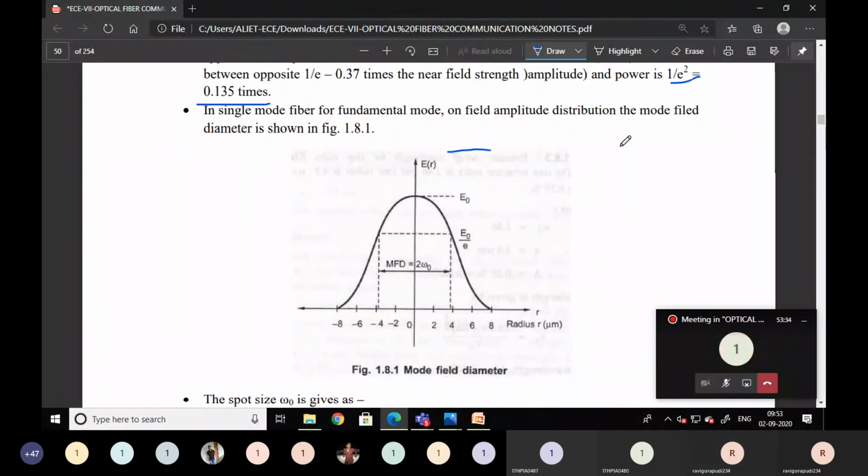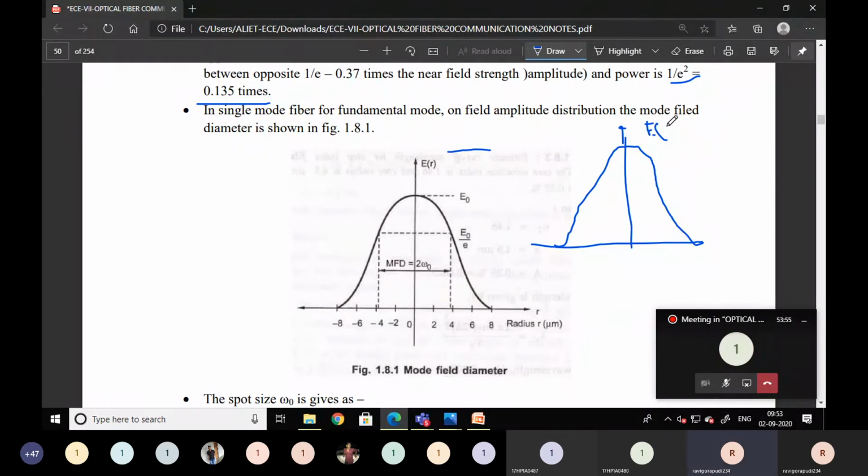So here the distribution is, we are going to consider in this manner. E of R. Different notations we have, you can follow any one. And this is the radius of the core. For example, this is 1 point I am considering, that is the 1 by E term.